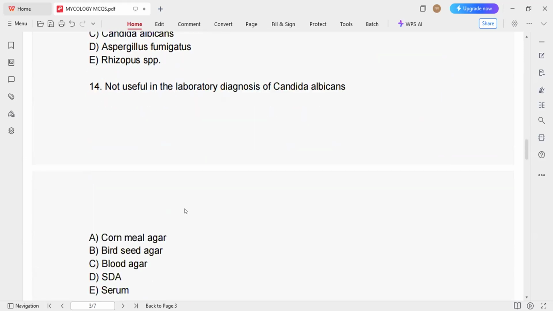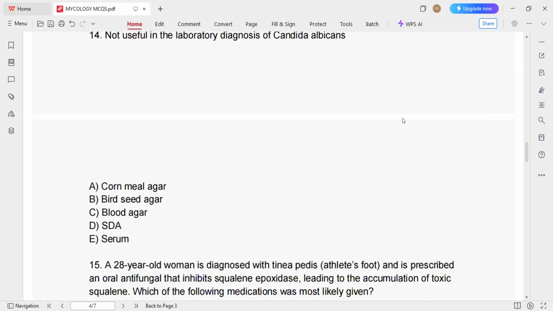Not useful in the lab diagnosis of Candida albicans. But this is straight from your notes. Birdseed agar, it's used in Cryptococcus neoformans, okay? Good.